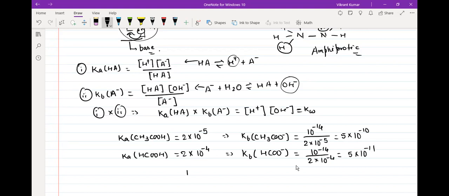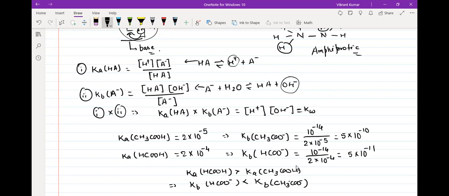Now if you see, when we compared Ka, Ka of HCOOH is greater than Ka of CH3COOH. And then if you compare Kb, Kb of HCOO minus will be less: 10 raised to minus 11 is less than 10 raised to minus 10. Is it okay?